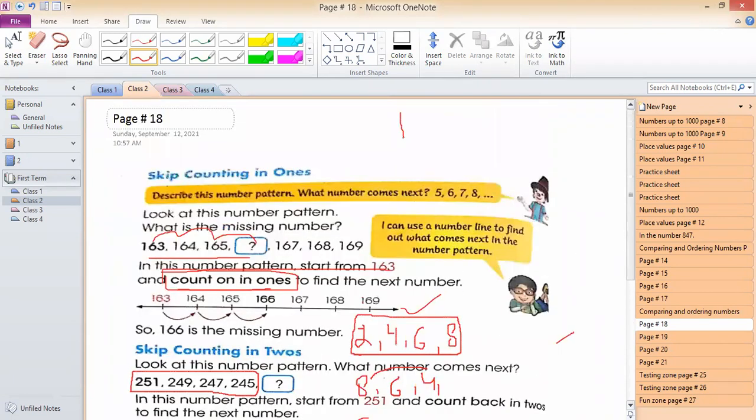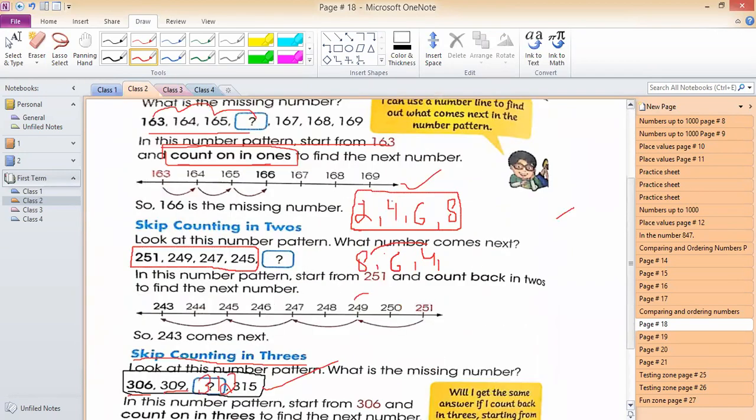If I give you the example, 1, 2, 3, dash, or 4, 3, 2, dash. This is simple counting in ones, and this is counting back in ones because you are going from biggest to smallest. So whenever a series is arranged from biggest to smallest, you will identify the pattern that you are counting back.